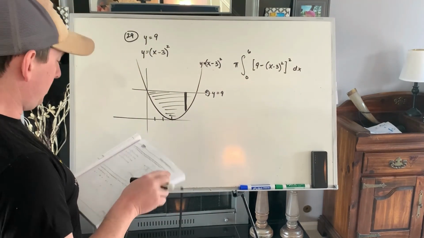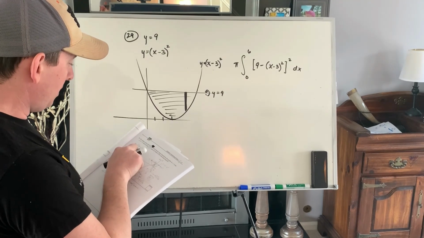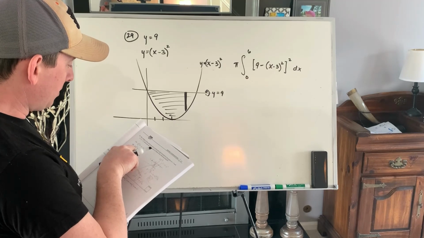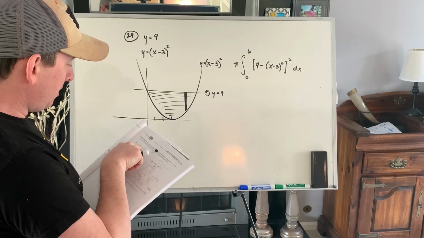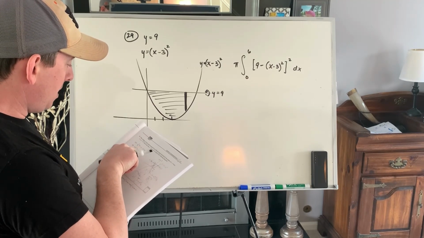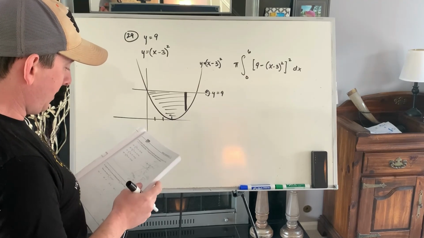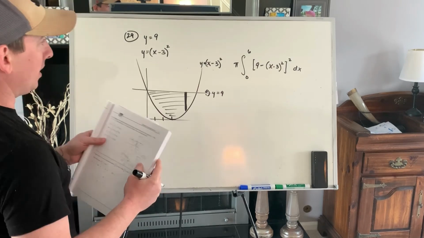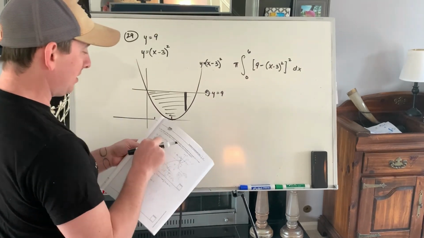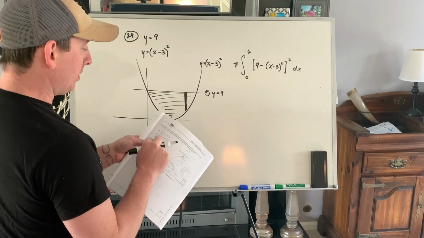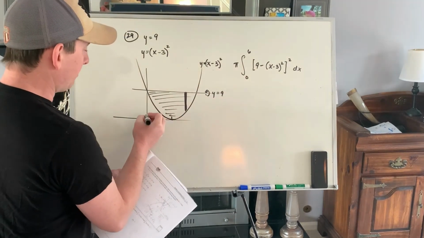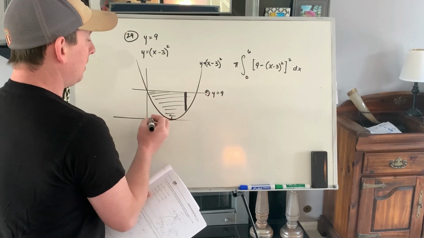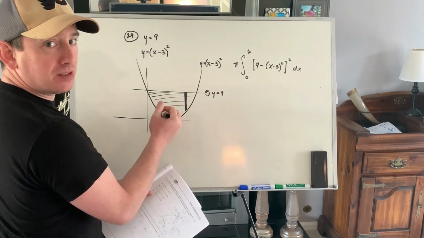And we're good. Let me see, 29, looks like B. Nope, I lied. Looks like none of these. Okay, it looks like none of these because it's going to be B or C. Instead of integrating from 0 over to 6, let's just go from 0 to 3 and then double it.